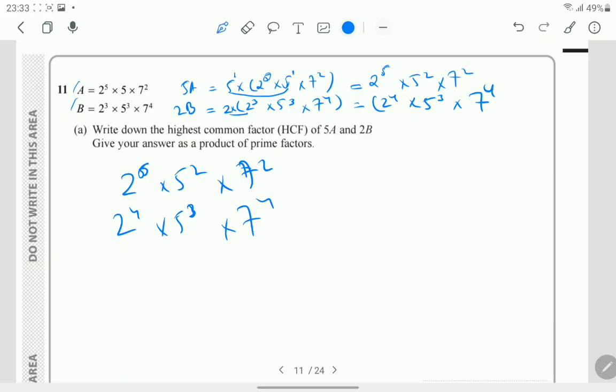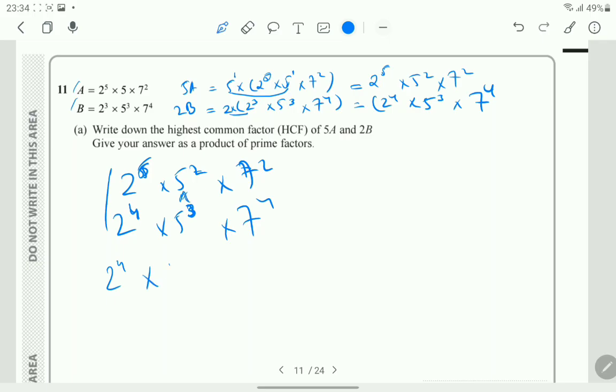So we need to know the highest common factor, what's common in between these two. So we know that 2 raised to the power 4 is also included in 2 raised to the power 5, so the common in these two is 2 raised to the power 4, and we also know that 5 raised to the power 2 is also included in 5 raised to the power 3, but that is not the case vice versa, that 5 raised to the power 3 cannot be included in 5 raised to the power 2 because it is smaller than this.